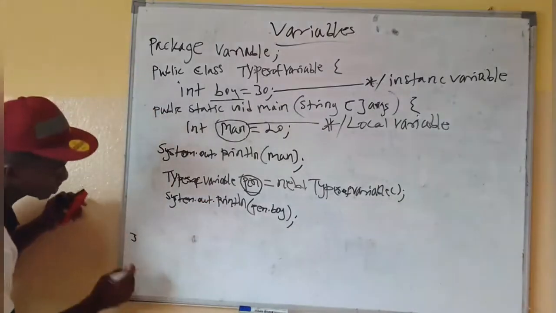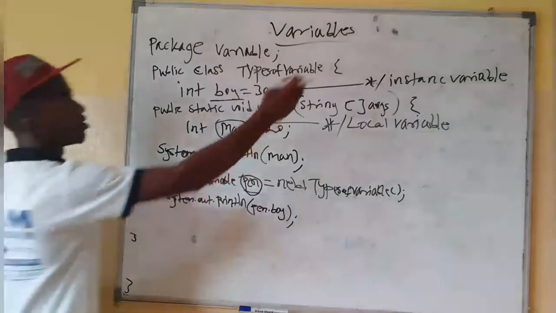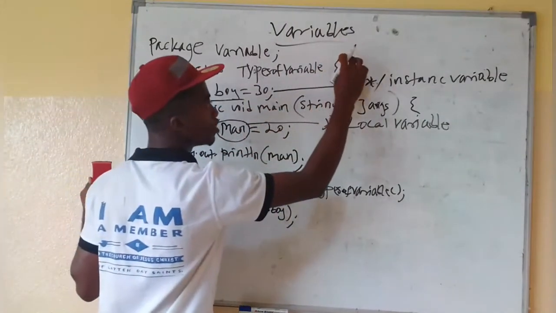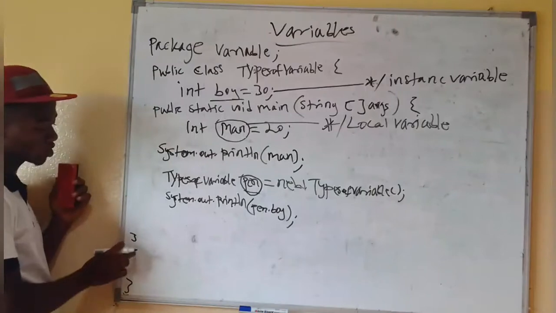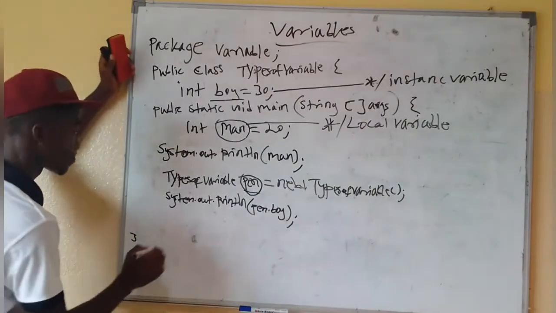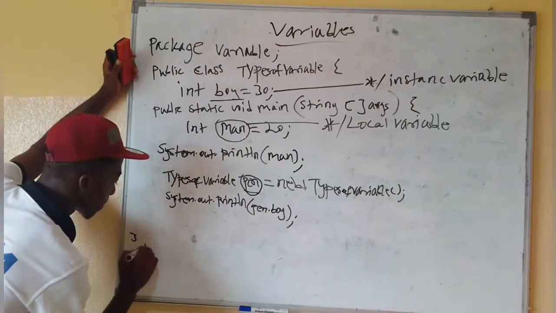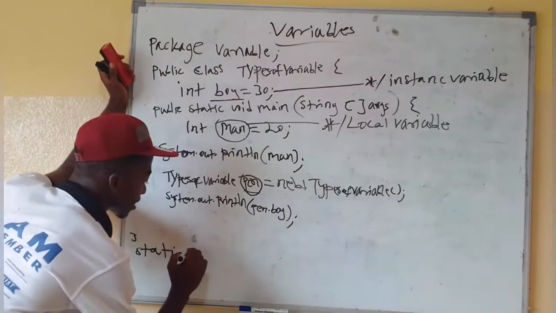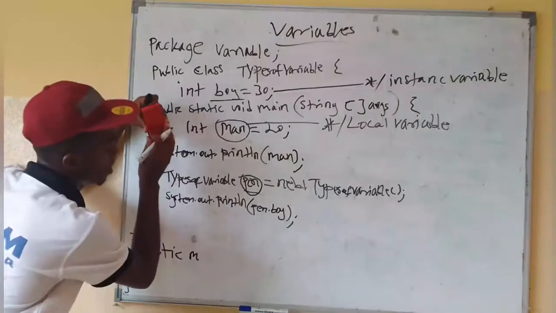So let's do it in here. This is a class, okay? Because our class, public class types of variable, the brace opens here and then it closes here. So what do we have here? We'll now say static man. Okay, we have the man there.